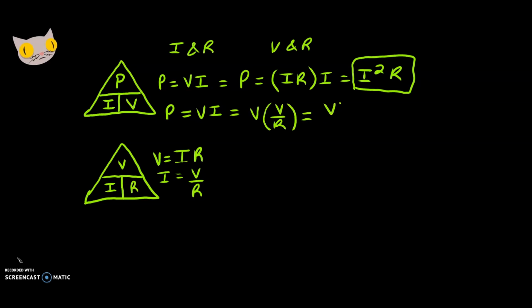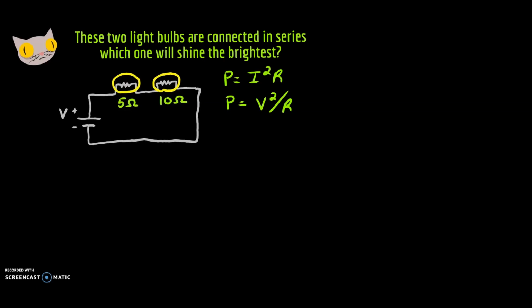Otherwise, we can write voltage squared over resistance. Now we have our two equations that will be useful in finding the power dissipated in a resistor. Power is equal to current squared times resistance, and power is equal to voltage squared over resistance.